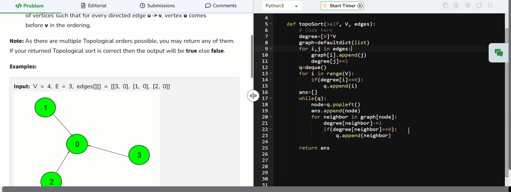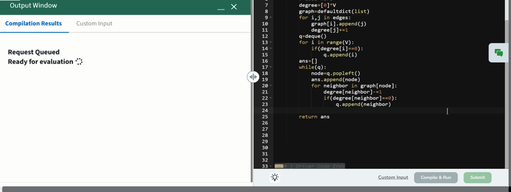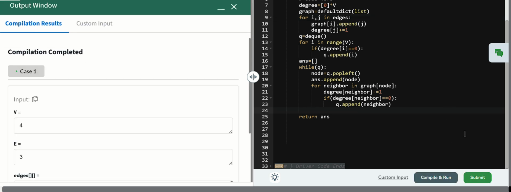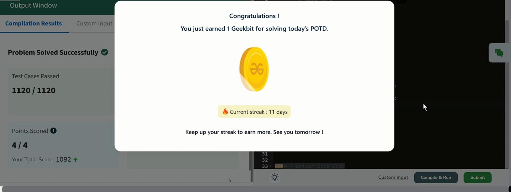Fine. So let's check this. Okay. Fine, so this code is successfully executed.